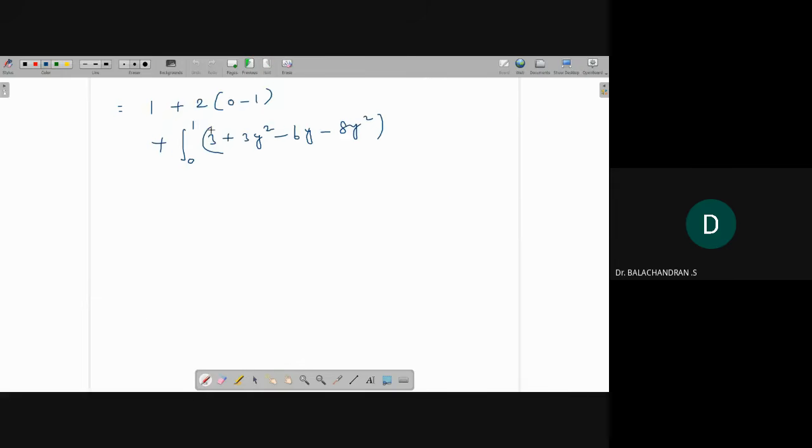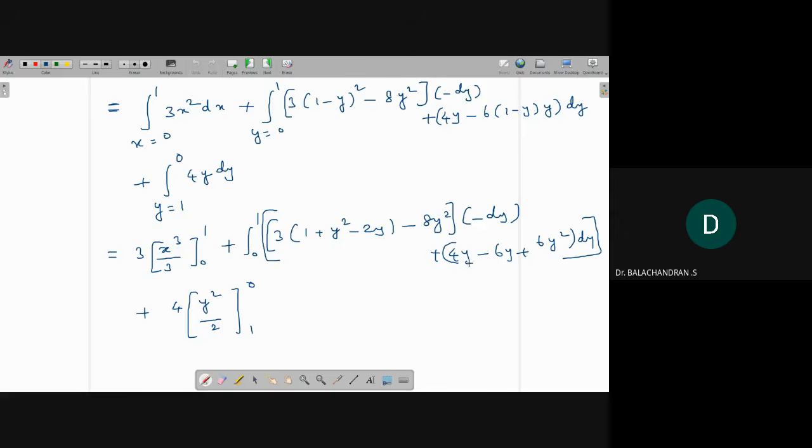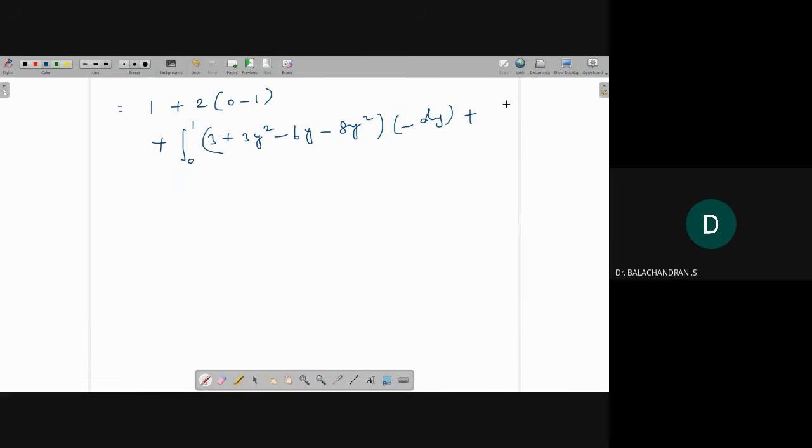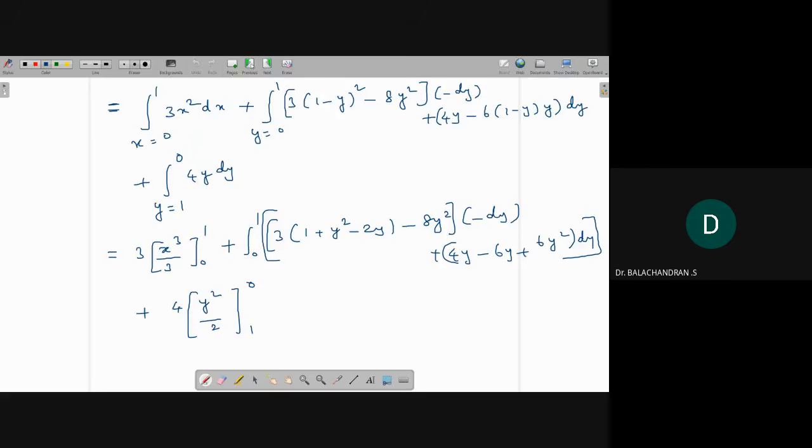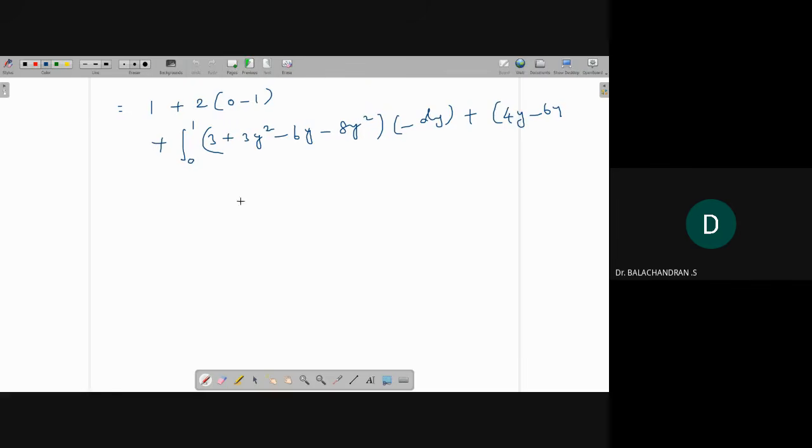I will take minus commonly here, so keep minus dy, and then here 4y minus 6y plus 6y square, that is 6y square minus 2y.